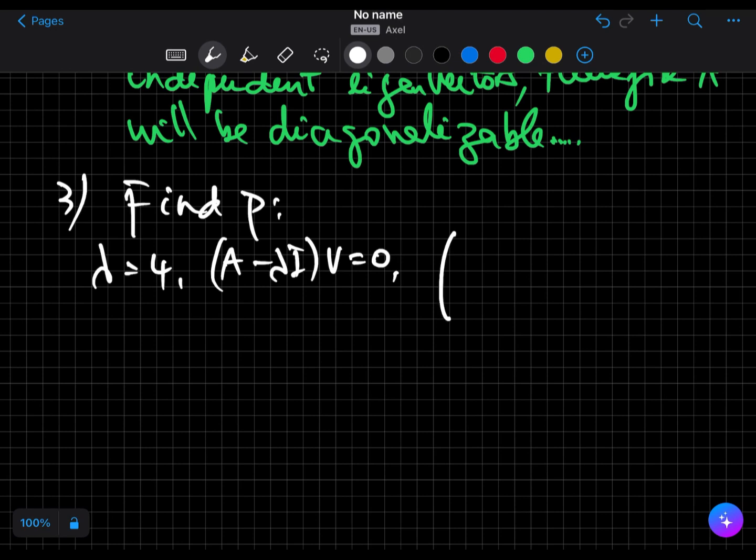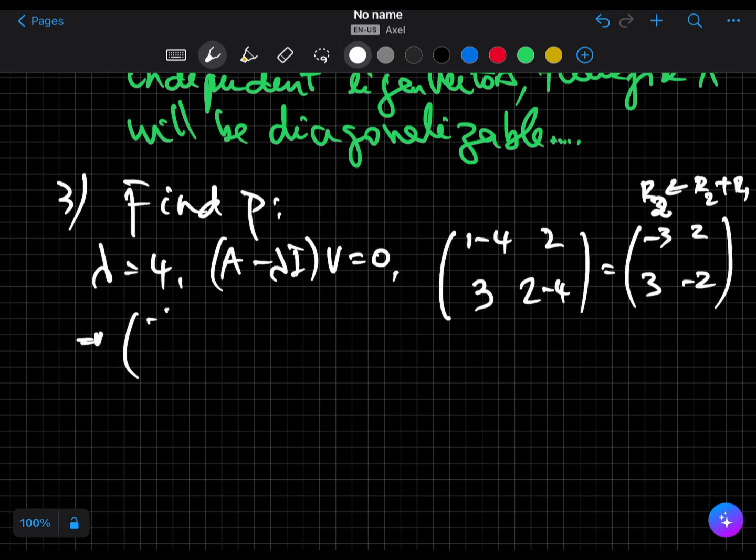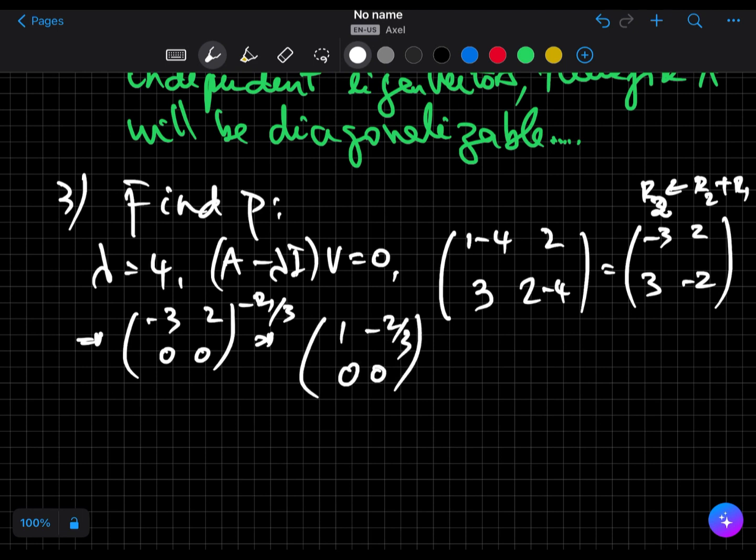Then I will have 1 minus 4, 3, 2, 2 minus 4, which equals minus 3, 3, 2, minus 2, right? When I see this, I can simply apply Gauss reduction. R2 equals R2 plus R1. So this will give me minus 3, 3, 0, 0. And dividing R1 by minus 3, I will have 1, minus 2 over 3, 0, 0, right? Now I have the reduced matrix here.